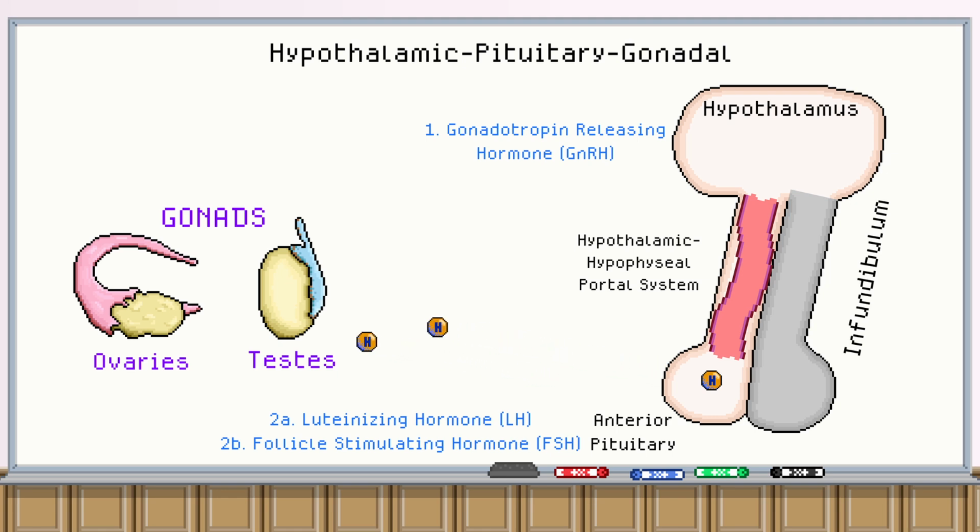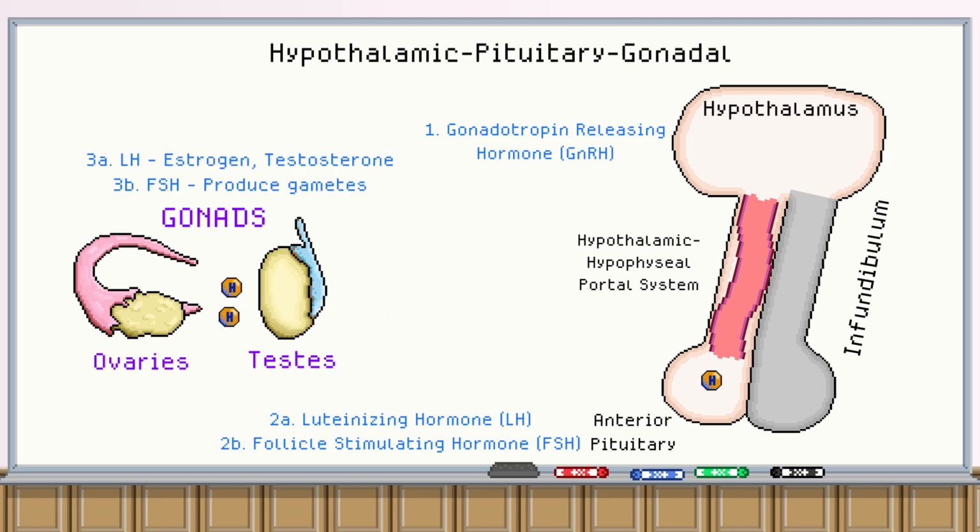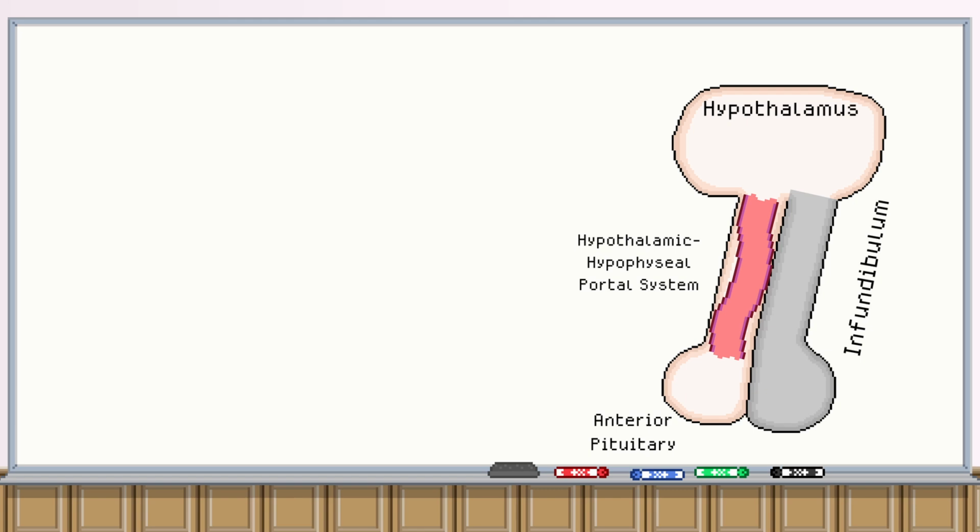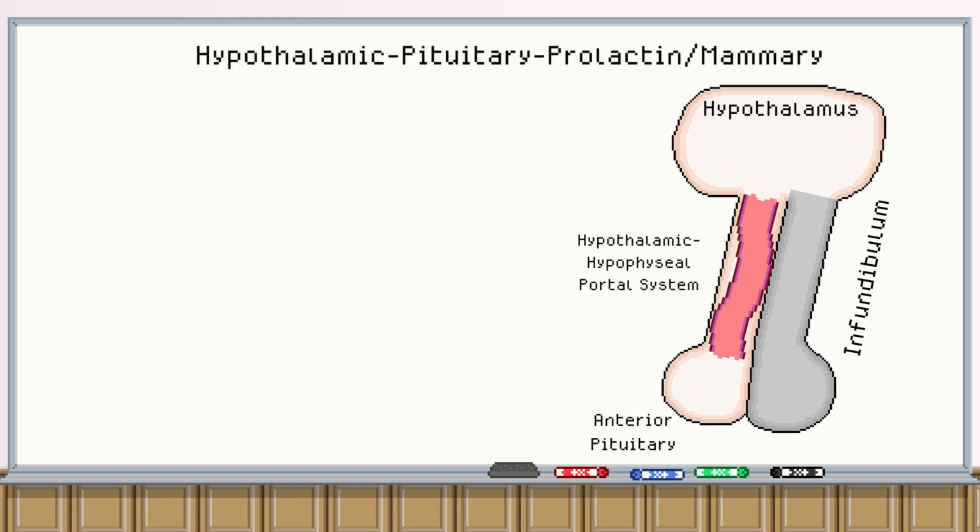Luteinizing hormone travels to the gonads and triggers the release of sex hormones, while follicle-stimulating hormone travels to the gonads to stimulate the production of sex cells. These hormones also play a crucial role in the female reproductive cycle, but we're not going to get into that in this video. Alright, let's discuss our final axis, the hypothalamic-pituitary prolactin or mammary axis.